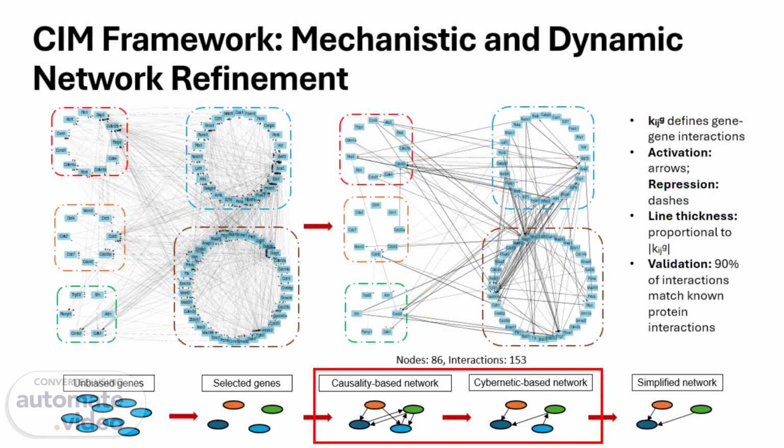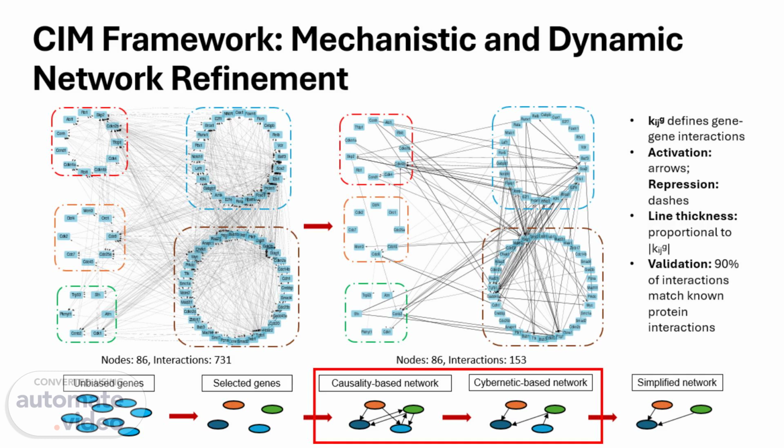Here we see the results of our network refinement, which made the model both mechanistic and dynamic. On the left, we have the initial network with 86 nodes and 731 interactions. Through our cybernetic modeling, we refined this to a network, right, with the same 86 nodes, but significantly reduced to 153 interactions.